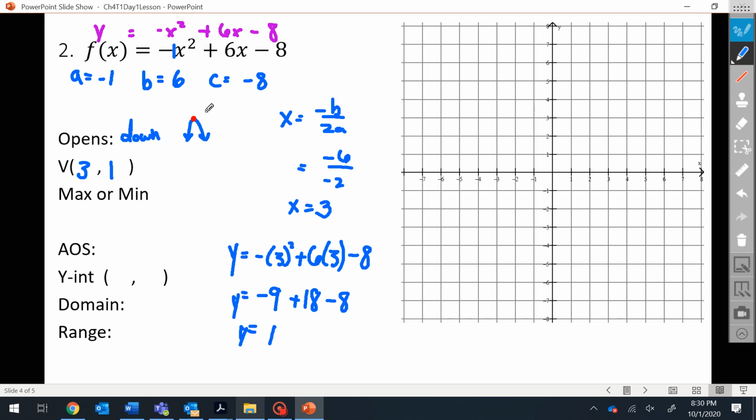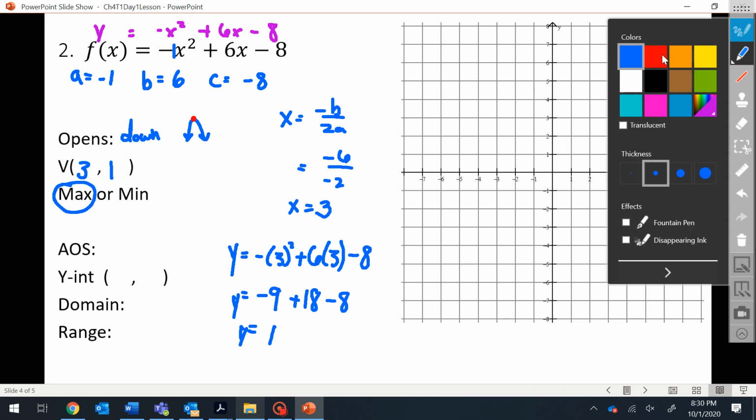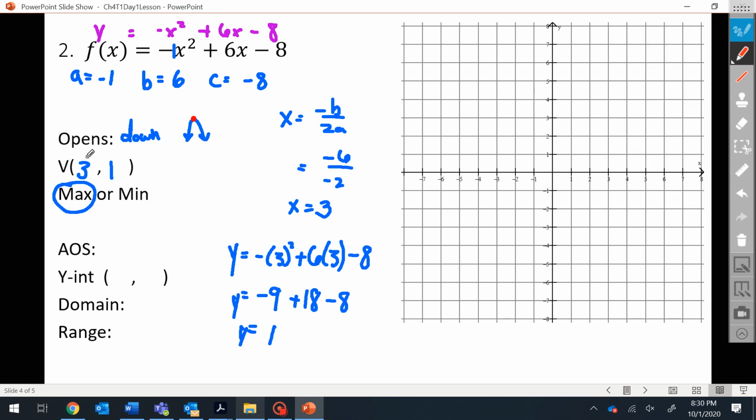We made a sketch here, so we can see that the vertex is actually a maximum because it's at the very top. And then remember how we find the axis of symmetry. We just look at the x-coordinate of the vertex, which in this case was 3. So our axis of symmetry is a vertical line, x is equal to 3.